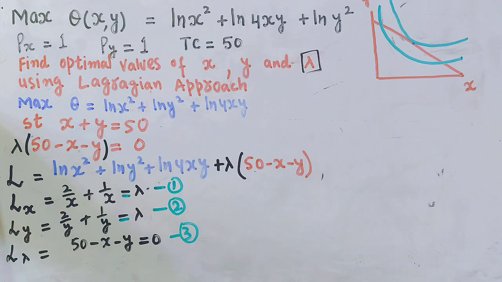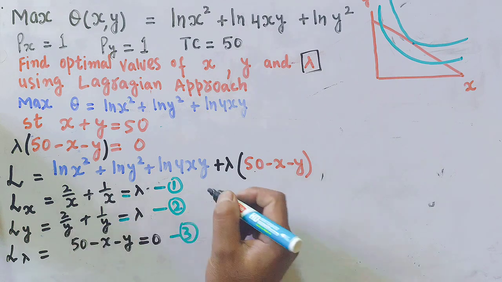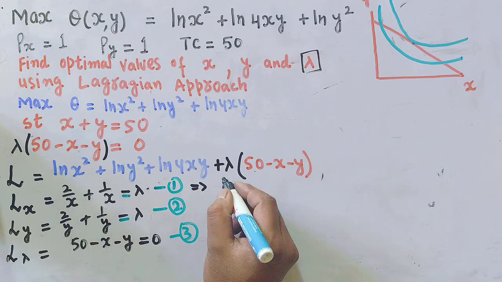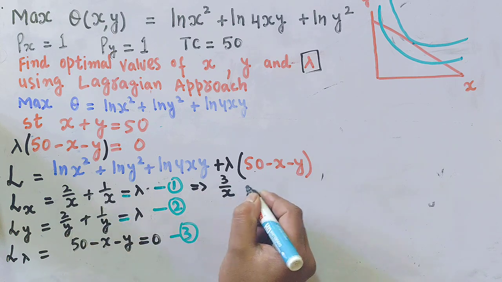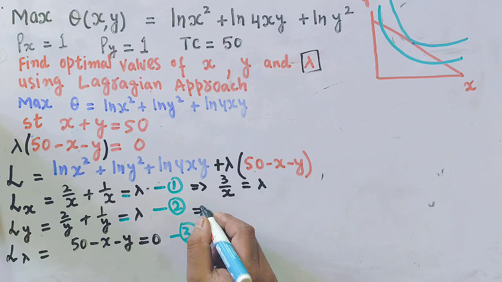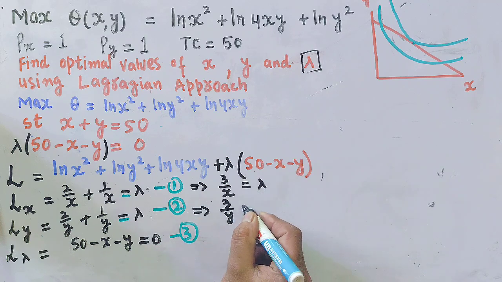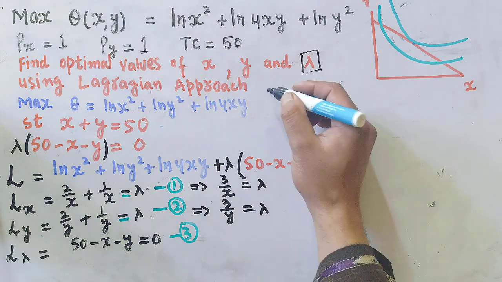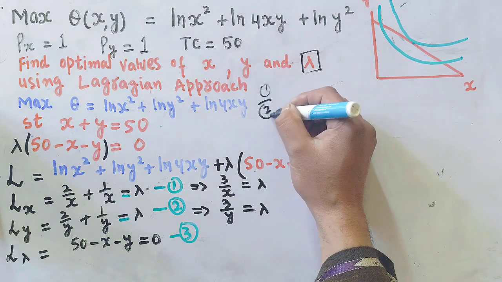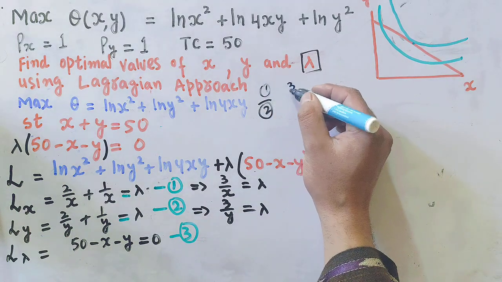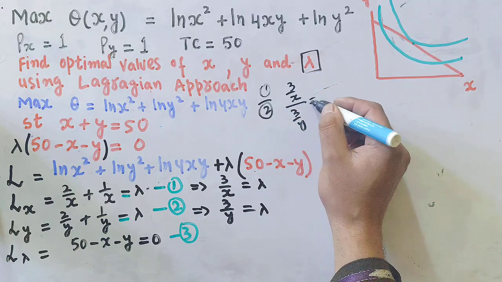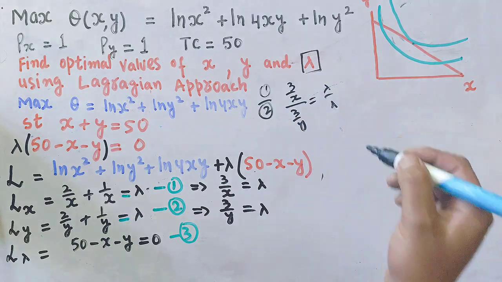If I further solve here, we have the same denominator, so 2 plus 1 is 3 upon x, which is equal to lambda. Here it implies 3 upon y is equal to lambda. Dividing equation 1 by equation 2, what will we get? We get 3 upon x divided by 3 upon y is equal to lambda upon lambda.